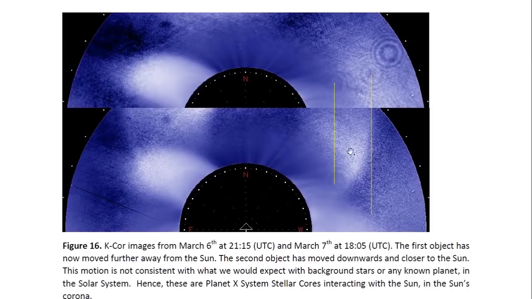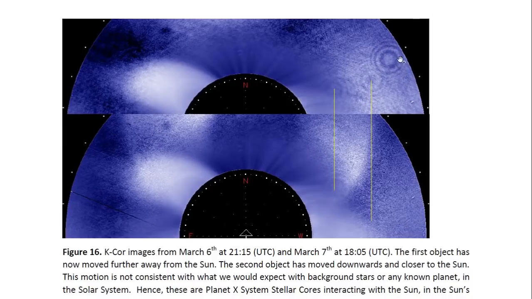And then I estimate how these objects have moved. As you can see, this object has now moved further away from the sun. And this one seems to be closer to the sun, but has moved downwards. And this one here, well, that's gone.